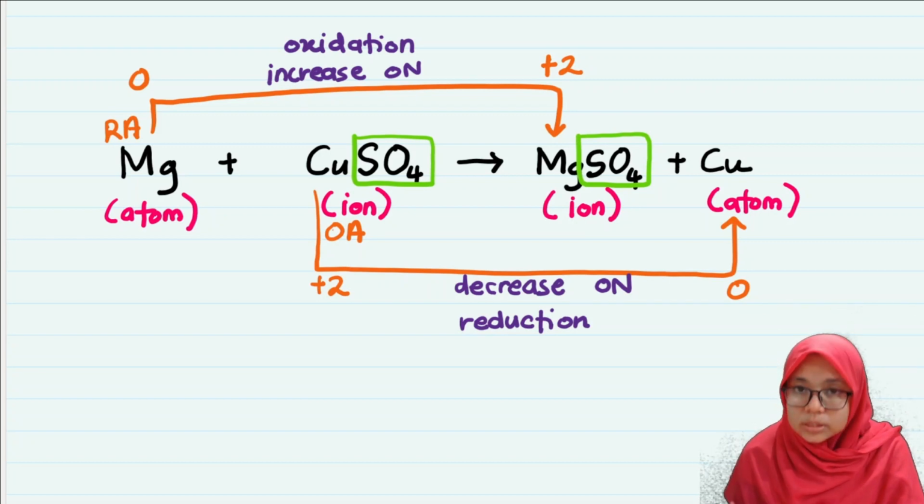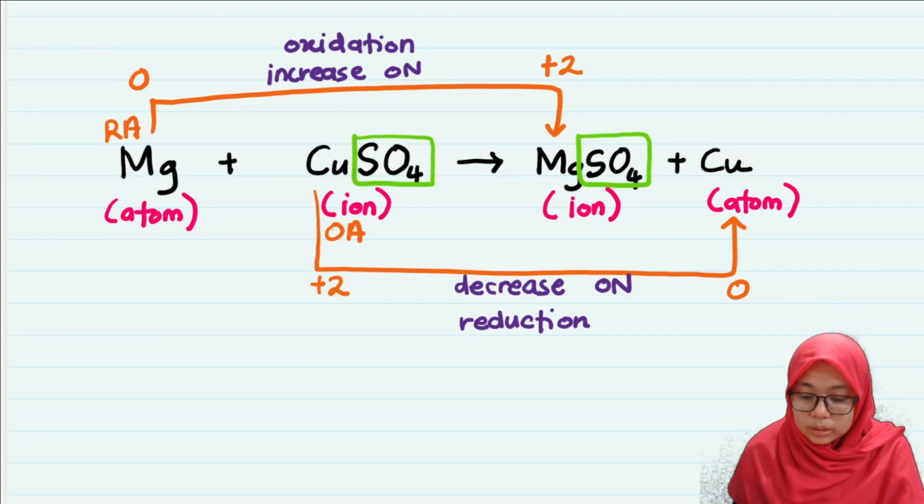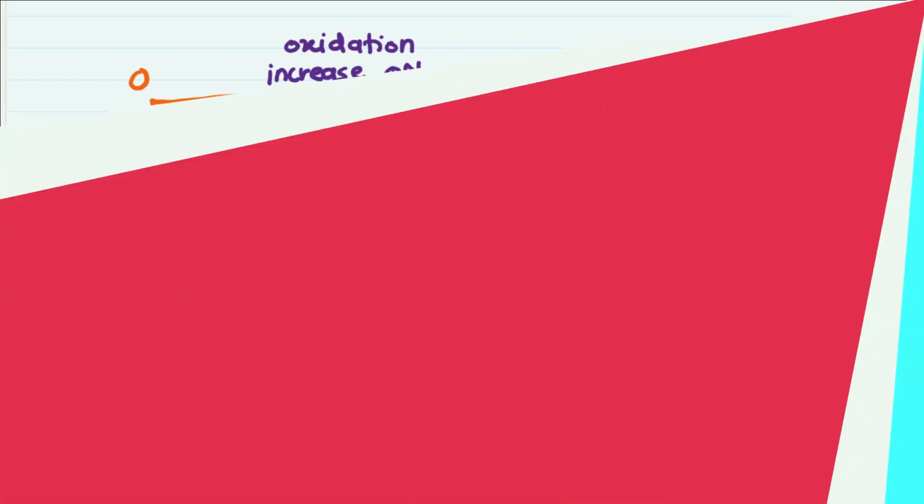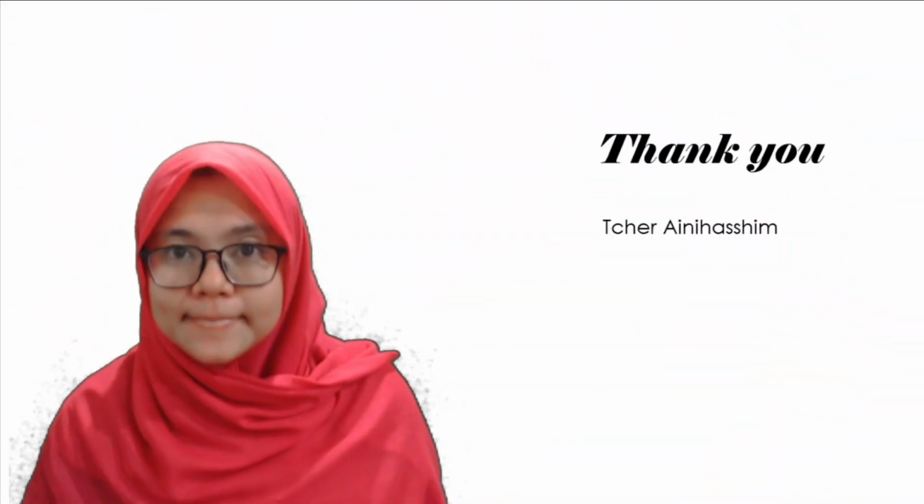We will look at several examples later on, so don't worry too much, because we have lots of applications regarding the redox reaction that we will look into in the next video. That's all for this video. I have explained to you the 8 rules that you need to know in order to determine the oxidation number of an element.